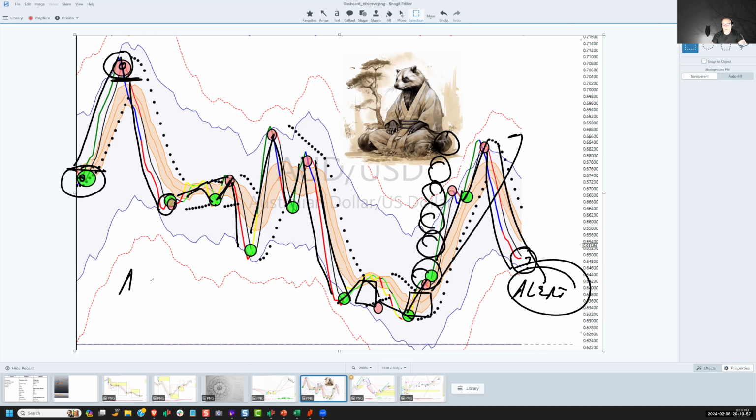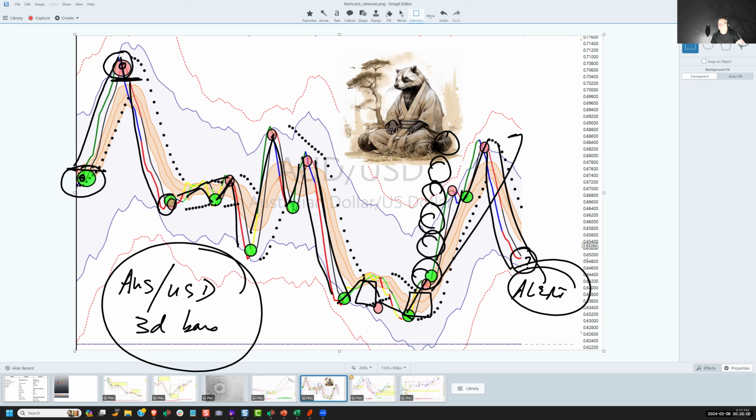This is the Australian dollar, US dollar on 3-day bars. So each tick, if it did this, and you ended up getting that one, that would have been 9 days of improvement with your stop there, risk, and off it goes.